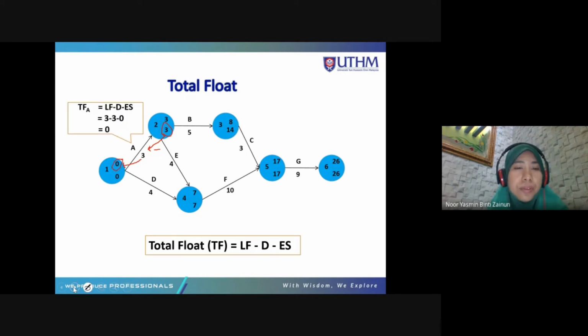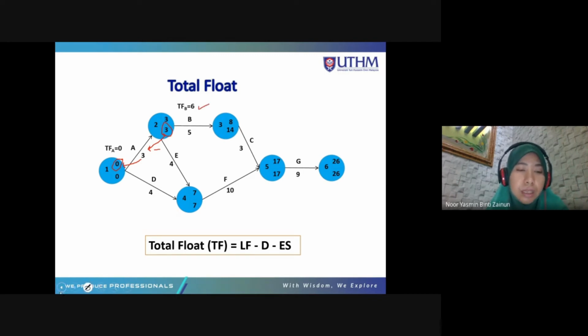So the total float for activity A is 3 minus 3 equals 0. And then the total float for activity B is 14 minus 5 minus 3. 14 minus 5 is 9, 9 minus 3 is 6.